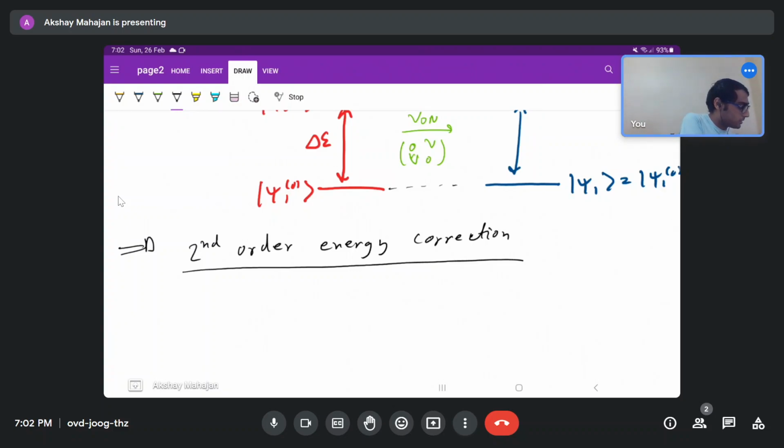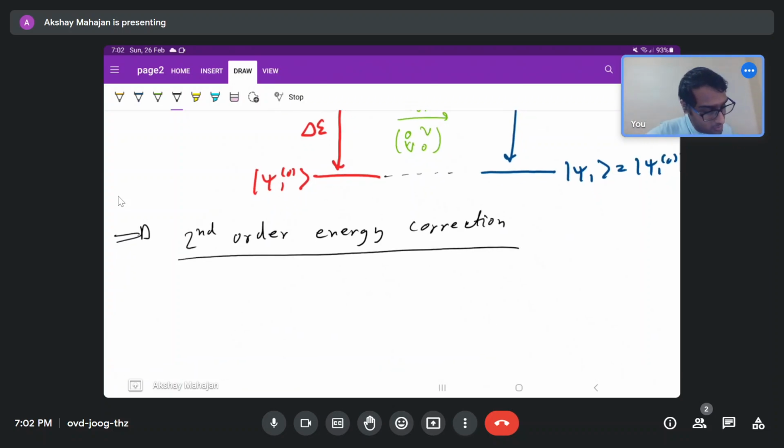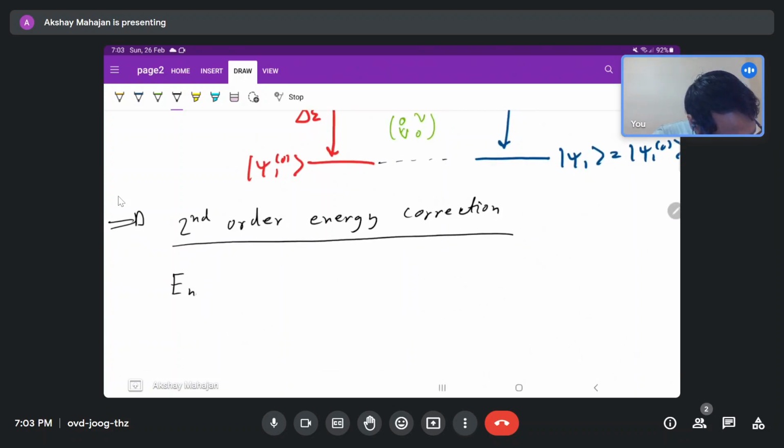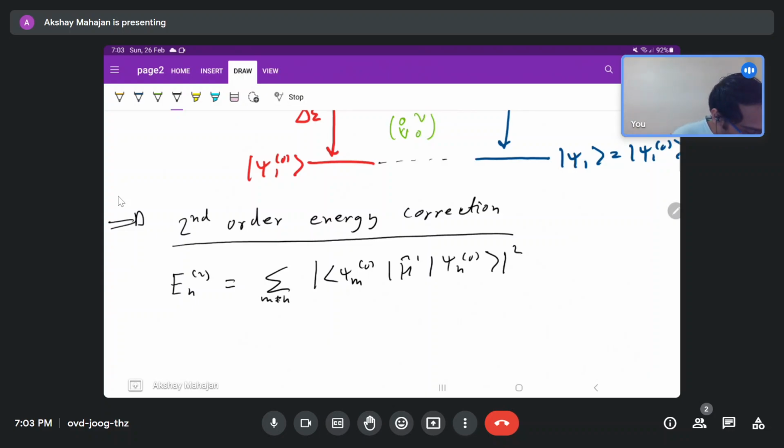If we go up to second order corrections, let me write the formula again: the sum over m not equal to n of mod of psi m of the zeroth order h cap prime psi n of the zeroth order whole square, divided by E n of the zeroth order minus E m of the zeroth order.